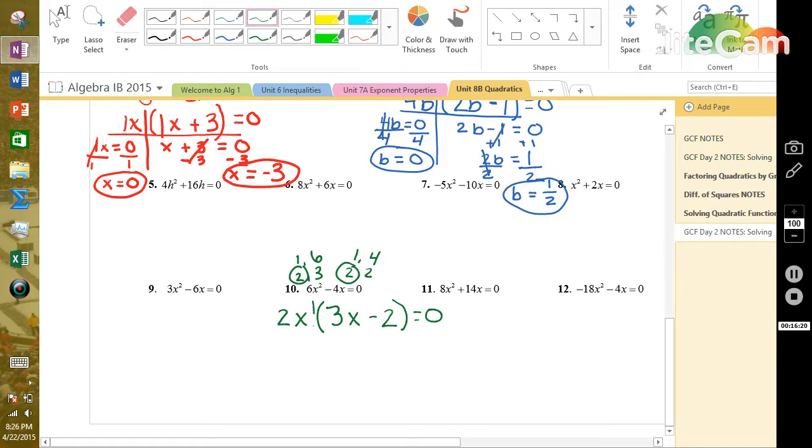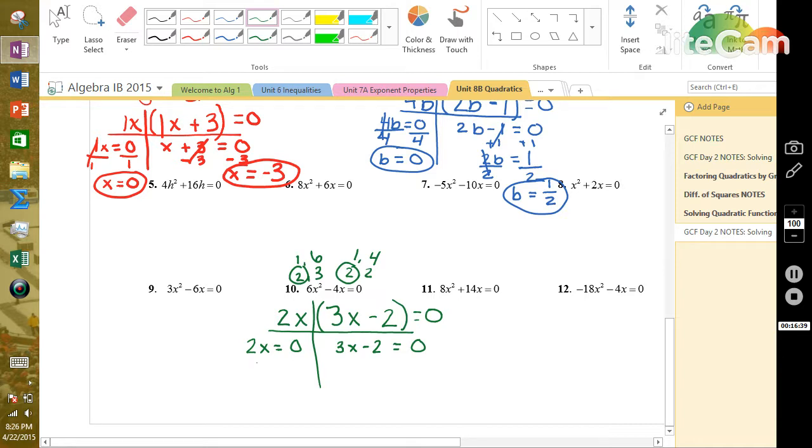So now I have to solve for my x's. So I'll set the left factor equal to 0, 2x equals 0, and I'll set the right side equal to 0. 3x minus 2 is equal to 0. Solve each side.